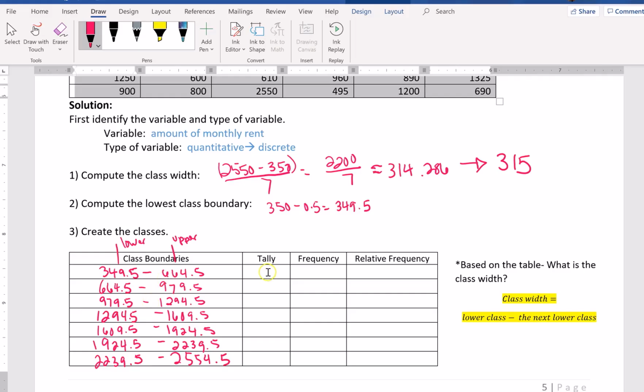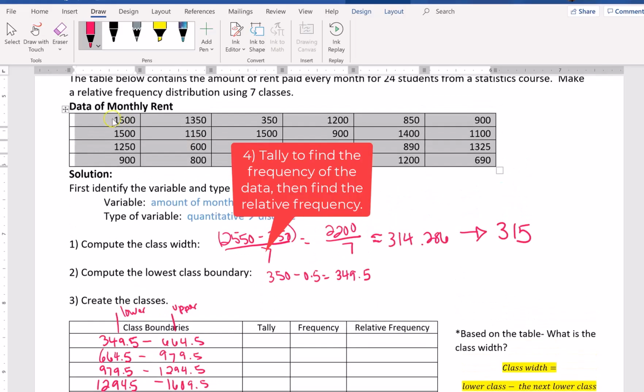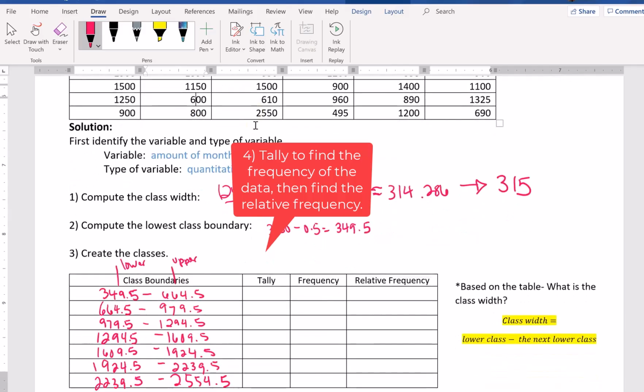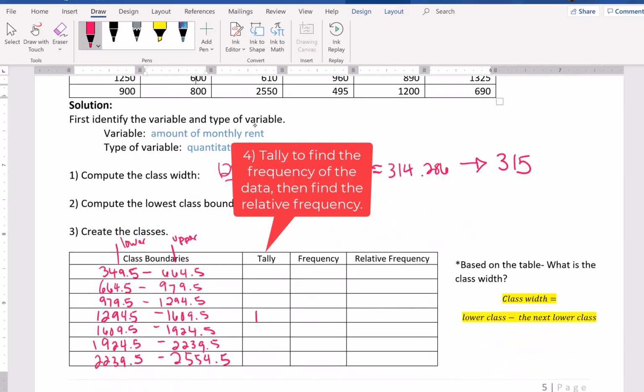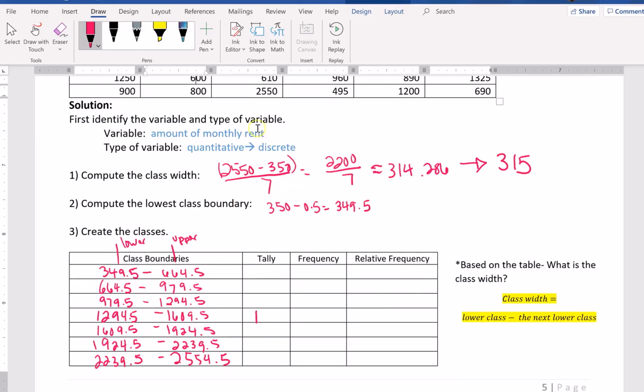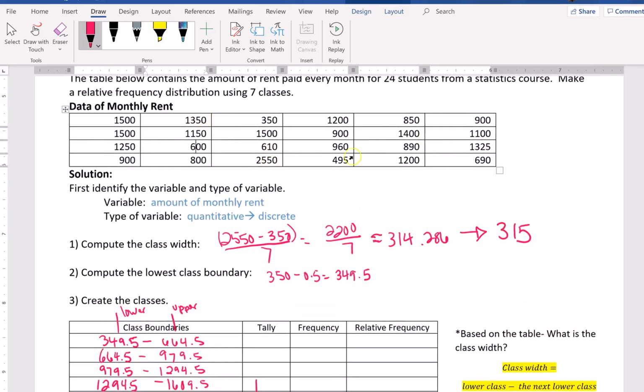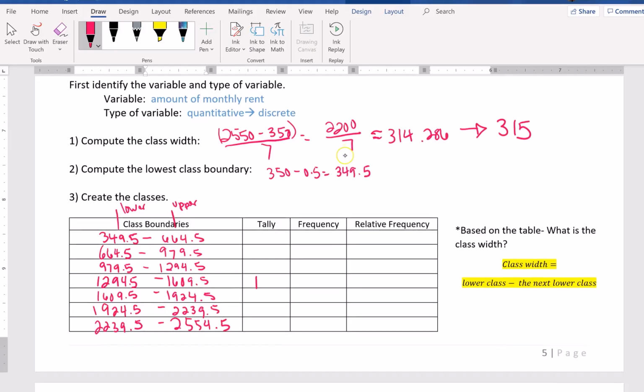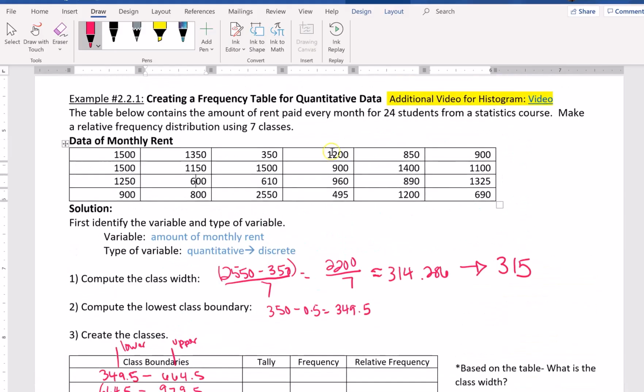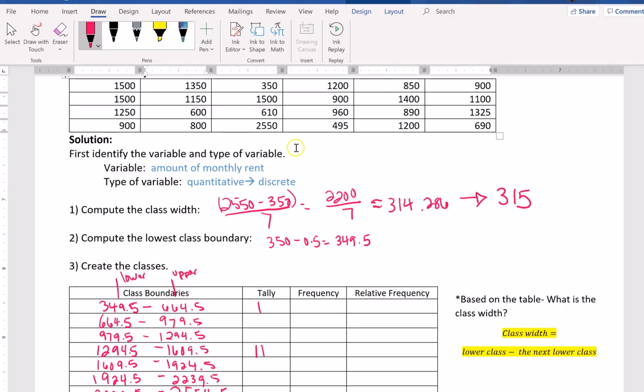Okay, now we're going to do tallies. So you could just go through these as is. 1,500 is between these numbers, so put a tally in, and so on. So 1,350 is between those numbers. 350 is there. 1,200 is in this class. 850 is in the second class. 900, second class.